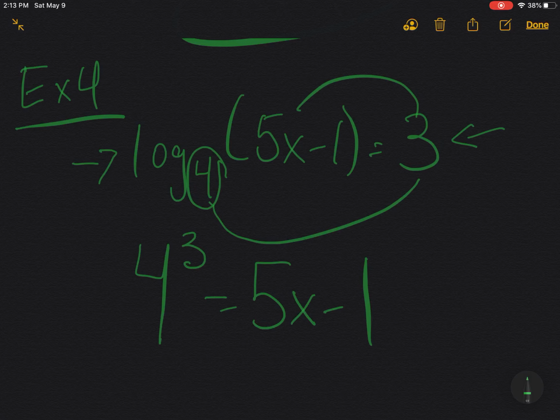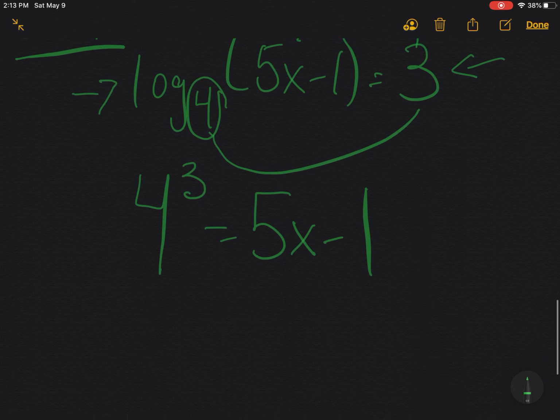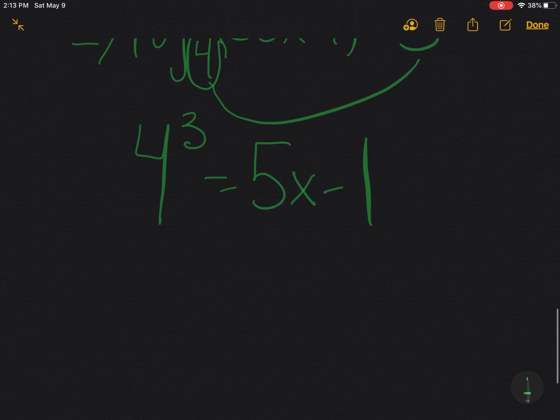I'm actually doing, this is on page 269 as well, but the book shows you something a little different. I'm showing you something that you learned before, so hopefully this makes sense to you. Now I'm going to solve. Again, simple Algebra 1. So 4 to the third power is 64. 64 equals 5x minus 1. I'm going to go ahead and solve for x.